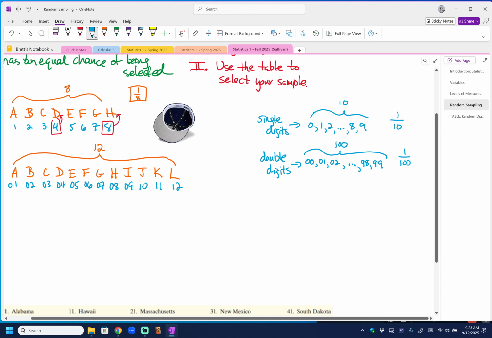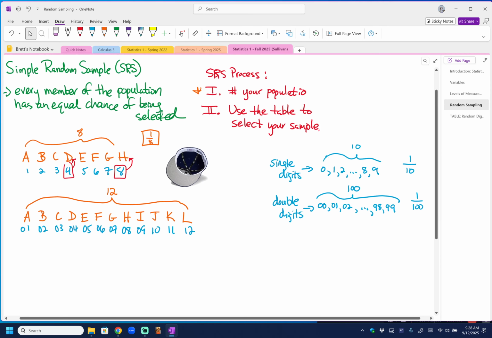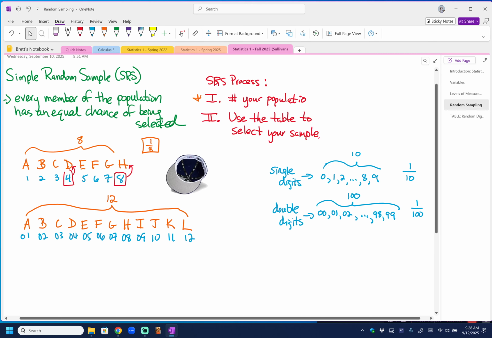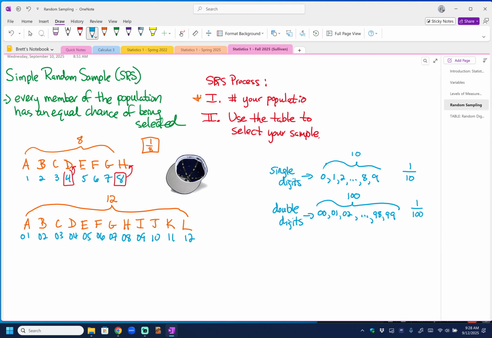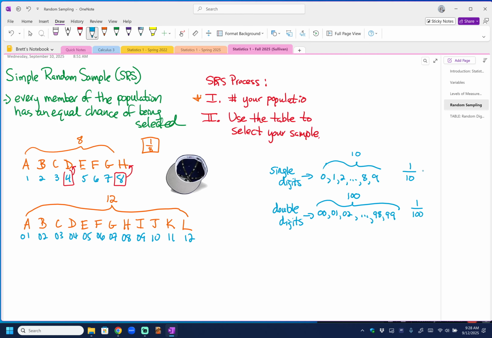Okay, so what is the definition of a simple random sample? As mentioned, every member of the population has an equal chance of being selected. So, if some of these letters are numbered by single digits, and some are numbered by double digits, then the single digits will only have a 1/10 chance of being selected, where the doubles are 1/100th.